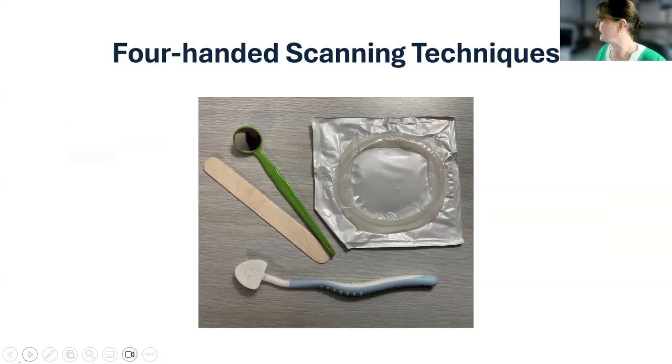So if you can imagine, most offices have tongue depressors, right? You would have one assistant with the tongue depressors retracting the lips and cheeks, or perhaps we're going to use the ScanMate. It's an autoclavable device.